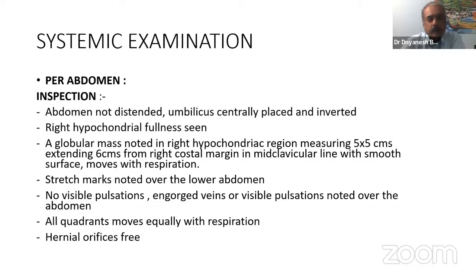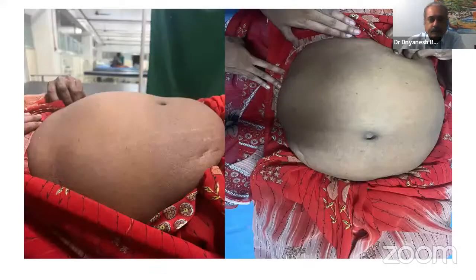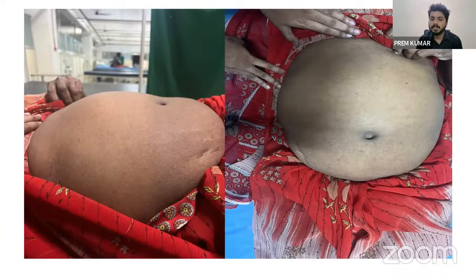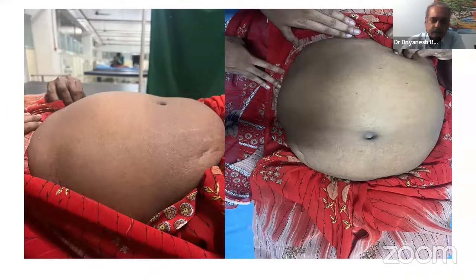Okay, one more thing. Can you show the photo again? Is the exposure adequate? What is the adequate exposure for examining an abdominal case? From the level of the nipple till the groin region.